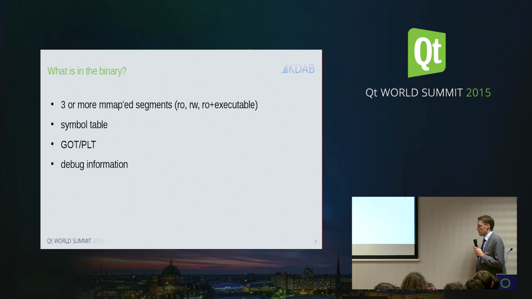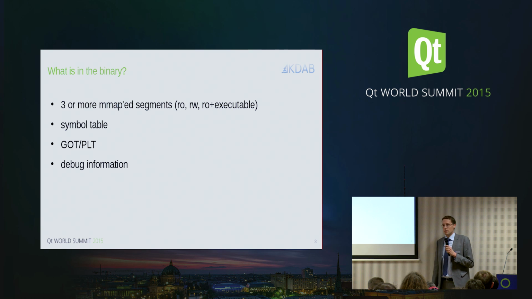And there's debugging information. That's typically read-only data, so that has no impact on runtime. If you have been to any of Milian's talks, he's always advocating to build in release mode with debug information, and that's fine because the release mode only affects your code and optimizes that.